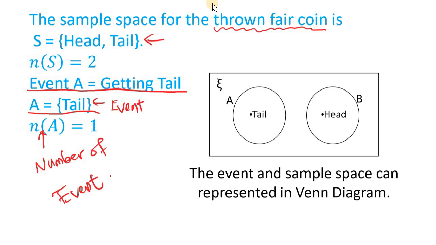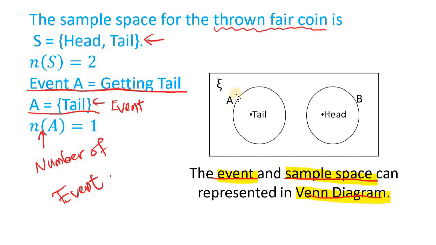Okay, and then events and sample space we can represent in Venn diagram. We can represent the sample space and also the events in Venn diagram, just like what I show you here. Okay, this is a Venn diagram. But this Venn diagram actually represents the sample space and also the event I have in this example.